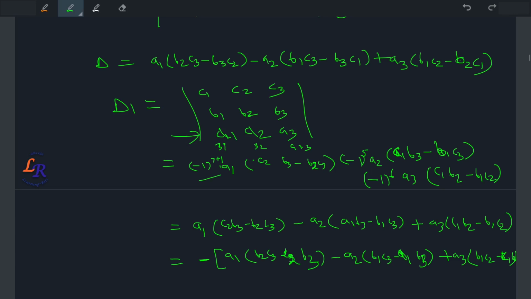Now you compare this with the earlier expression, and you get delta 1 is equal to minus delta, right? So you see that when you interchange any row or column, you get the negative.